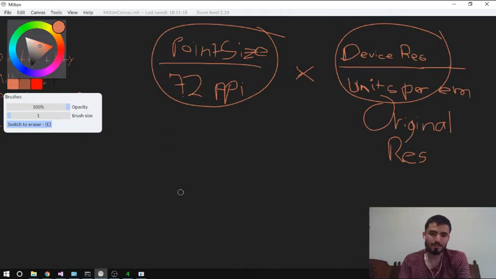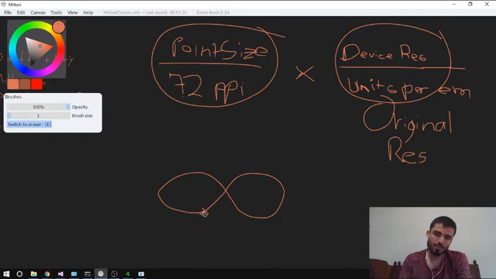Imagine that we have this form, an infinity shape, and I want to put some arrows to determine the flow of this curve.